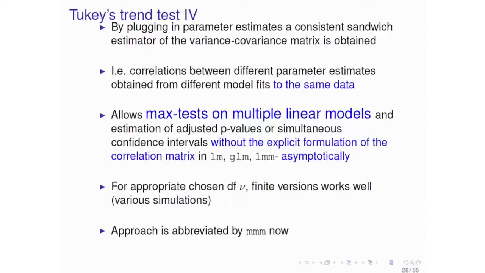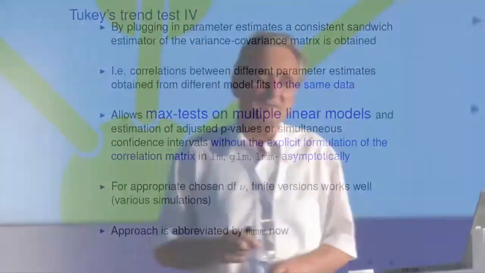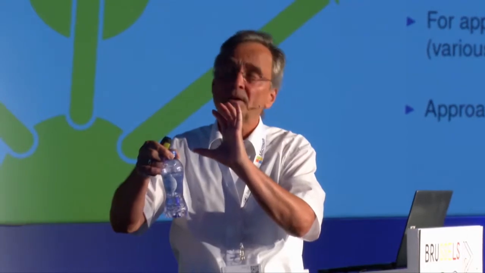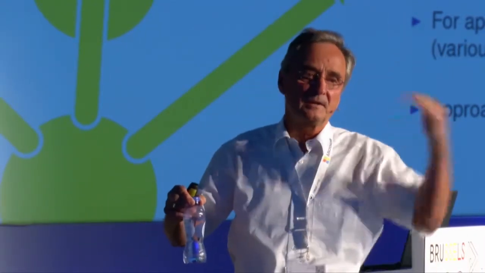So I can use these parameter estimates, and at the end I have a sandwich estimator. And so I can estimate the correlation between my parameter estimates from different models if I fit them to the same data. So the data matrix must be the same. I cannot switch the data, sometimes a problem. But I have multiple models on the same data, and then I achieve the correlation matrix.